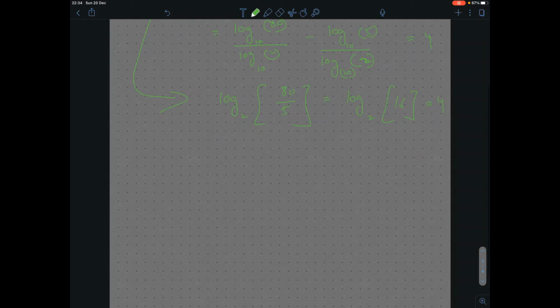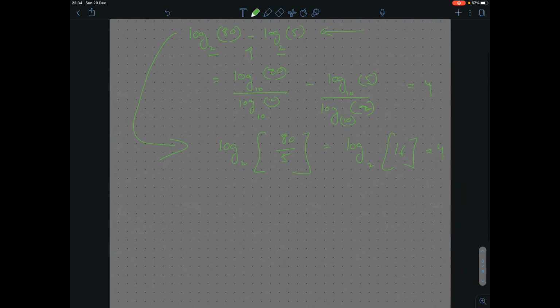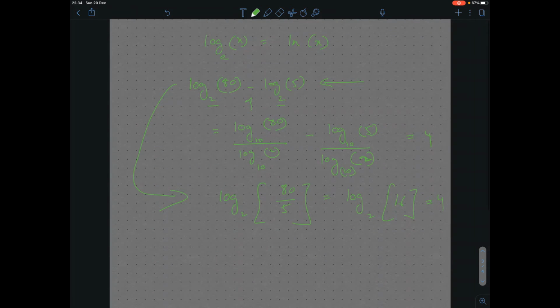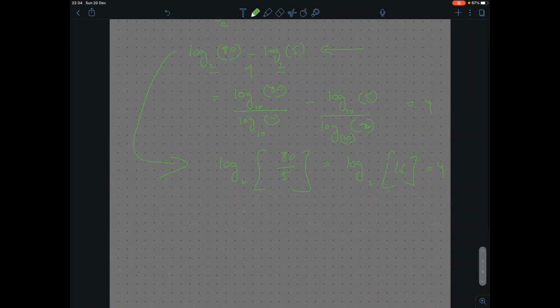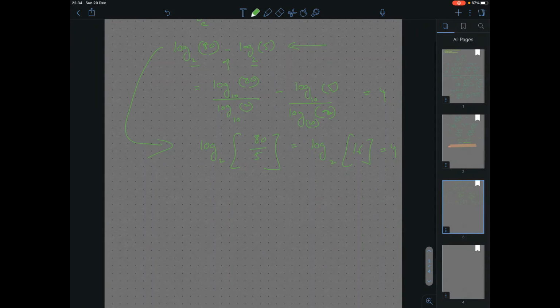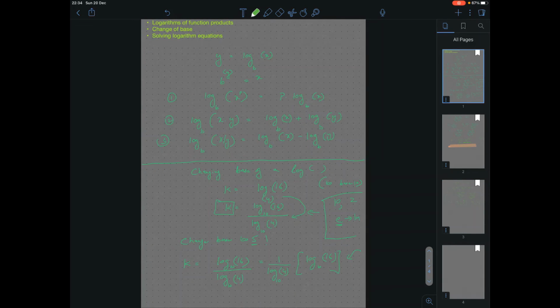A very common mistake that most students make when solving problems involving log is going back to the same property of using logarithms over here. Property number 2, when you're trying to simplify logarithms of two variables being multiplied together, only works when they are actually being multiplied together. If we have an expression that involves a sum, the log of a sum of two different variables does not work the same way. I'll give you that example to clarify.